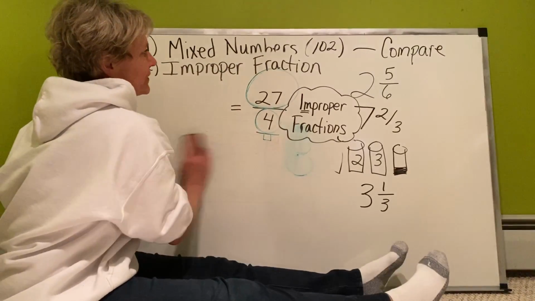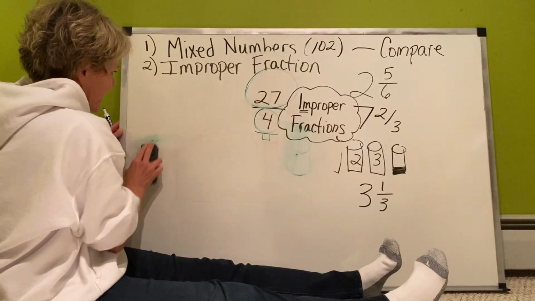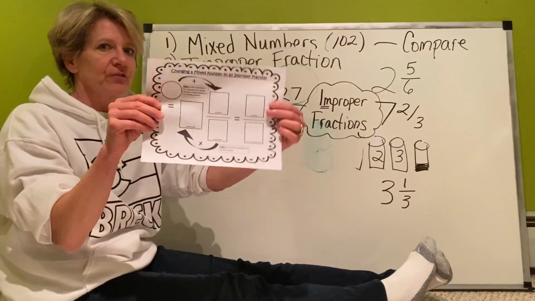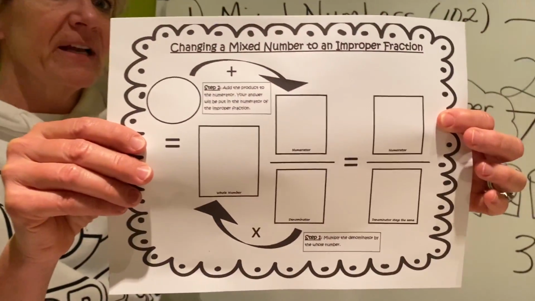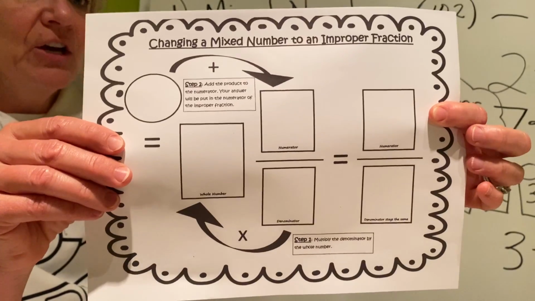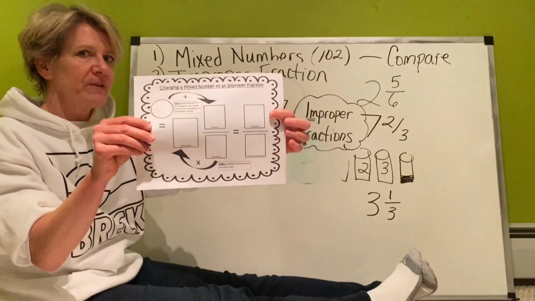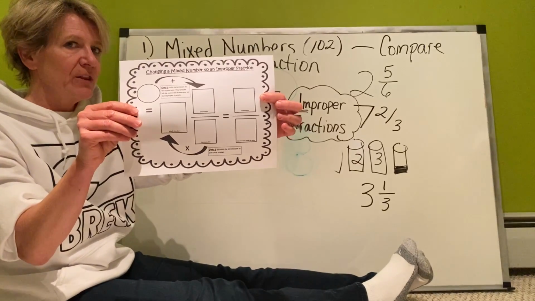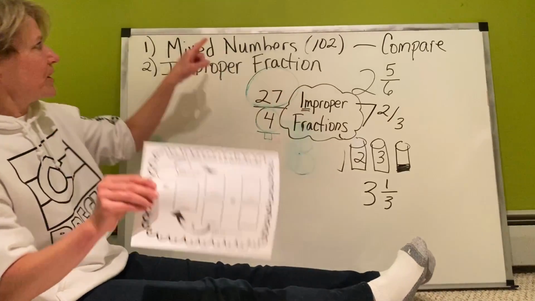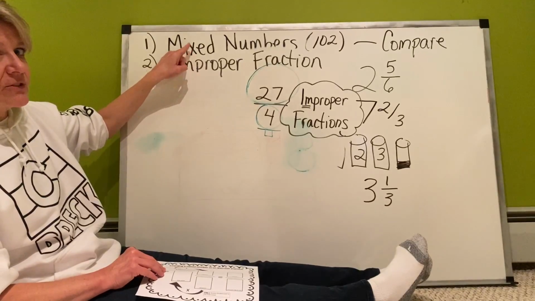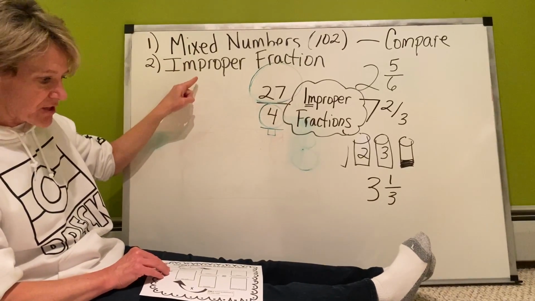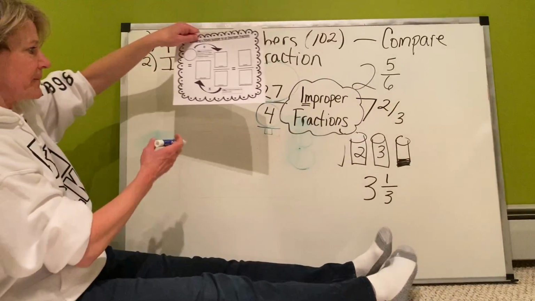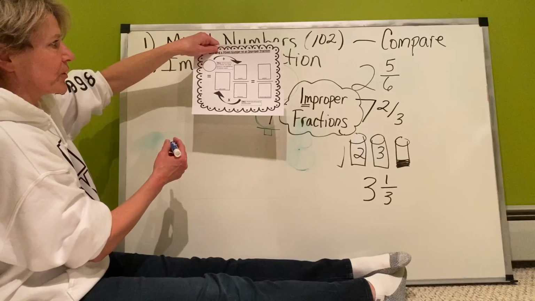So what I'm going to do is upload this worksheet to Google Classroom. And everybody who can should ask somebody at home to see if they can print that from Google Classroom. This worksheet is going to help you turn mixed numbers into improper fractions. And when you get your worksheet, maybe somebody at home will print more than one for you.